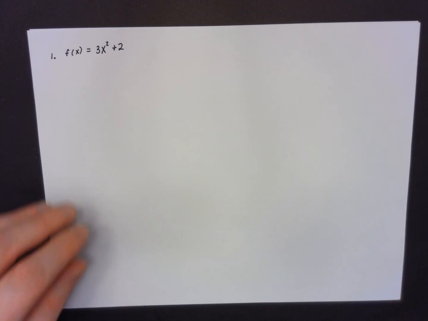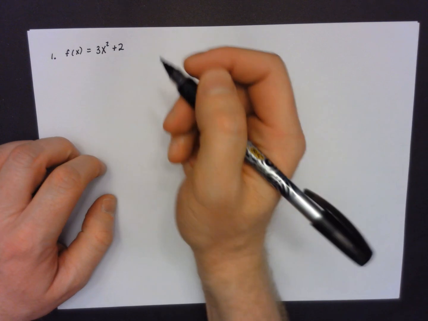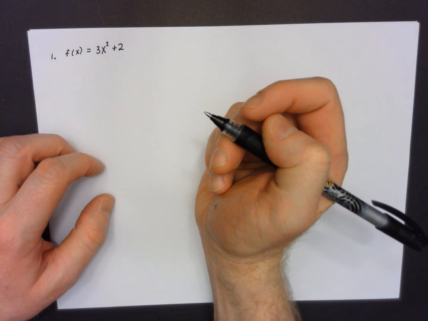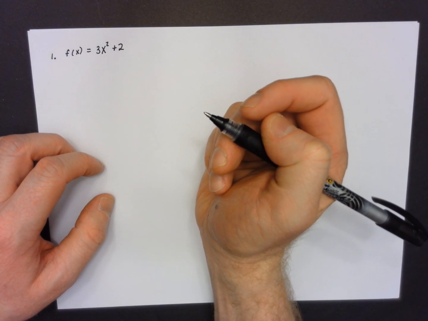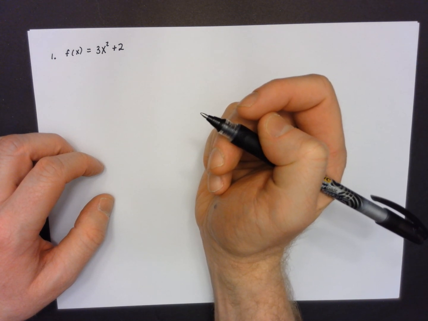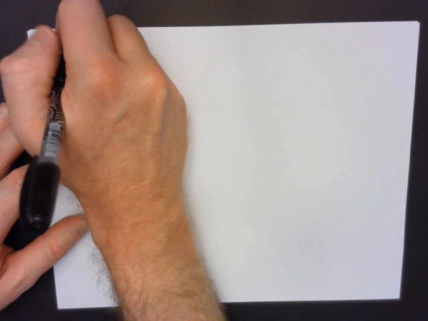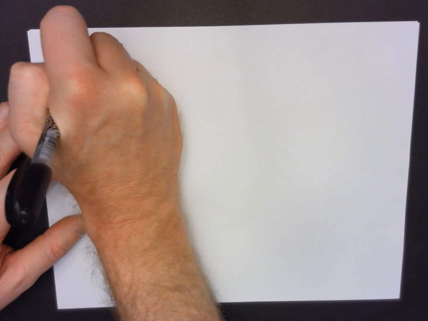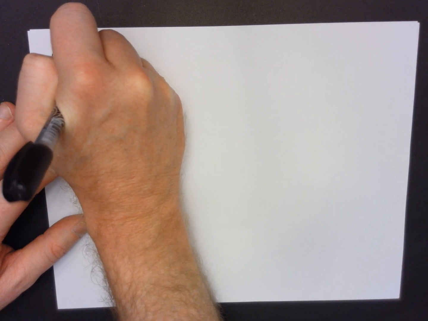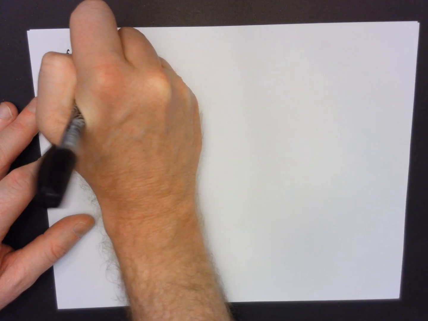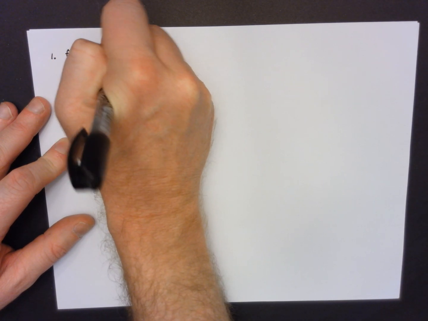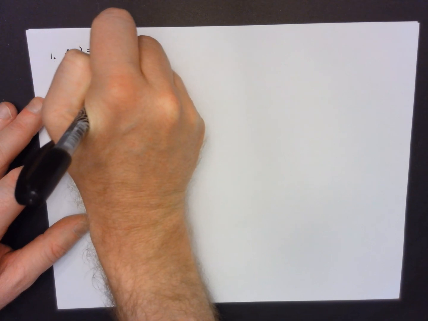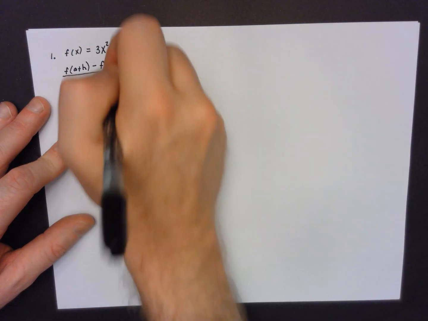in Calculus 1. So when I look at these with you here, to start off, the first problem I wanted to look at asks me to apply the difference quotient to f of x equals 3x squared plus 2. So the difference quotient formula says that all I need to do is evaluate f at a plus h, subtract from that f evaluated at a, and divide this by h.